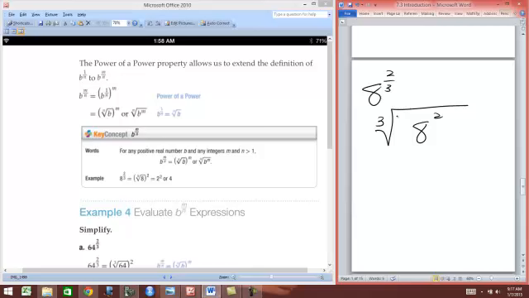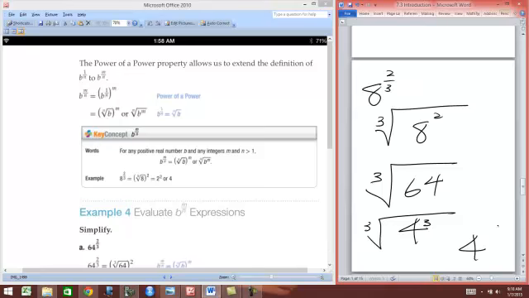I guess what I should be saying is that when you can reduce it evenly, reduce it. If you can't, you've got to raise it to the power and then take the root. So this will end up being the cube root of 64, which of course is 4, or the cube root of 4 cubed, if you want to do that, and then we end up with 4.